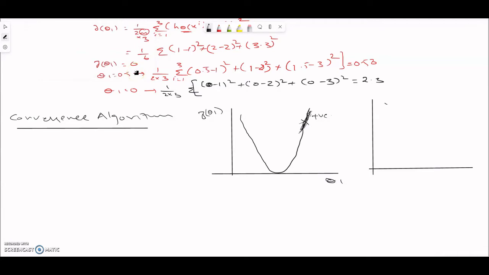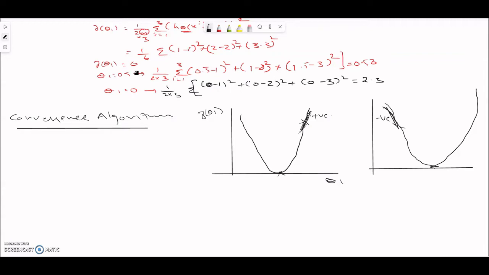Let me write the same gradient curve. We also have a negative slope here, so we want to find the slope, which is negative. Suppose I have a point here and I want to reach this point.